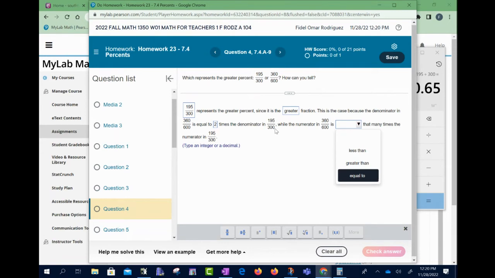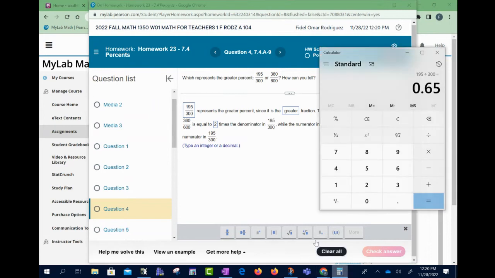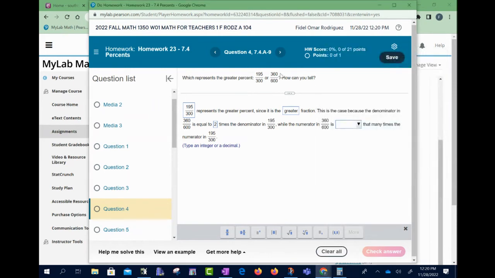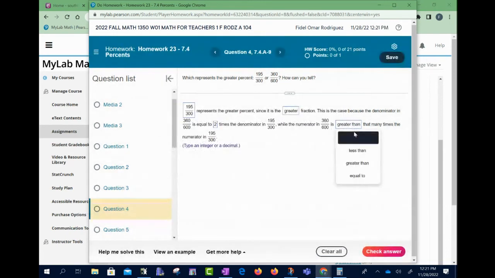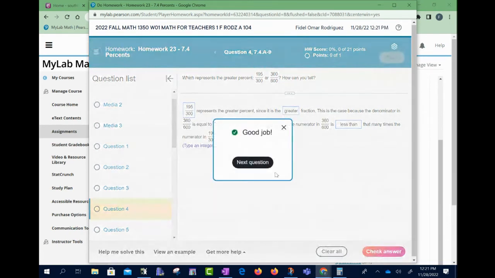If I were to multiply this denominator by 2, if I take 2 times 300, that'd give me 600. But if I take 195 times 2, that would give me 390, which is bigger than 360. Greater than. Check it. Oh no, it's got to be less than then. Less than. There we go.